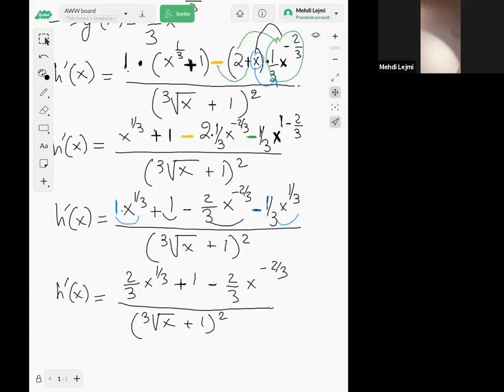All right, so we are done with this section 2.3. We did the product rule, we did the quotient rule, right?